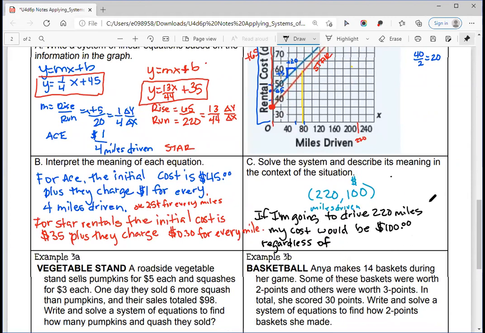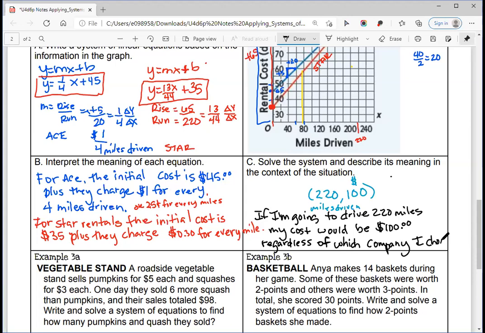So if I'm going to drive 220 miles, my cost would be $100, regardless of which company I choose. Okay, and if you wanted to add on to that, a better option for this, worse option for that. Any questions on this concept right here?